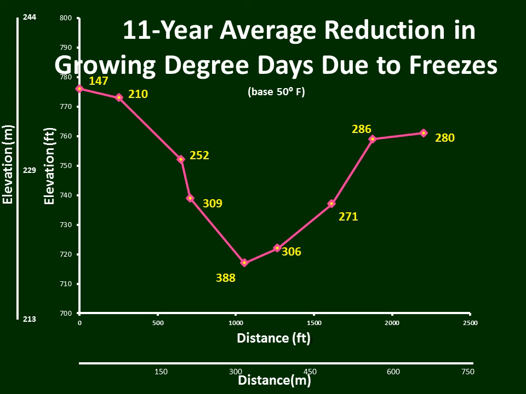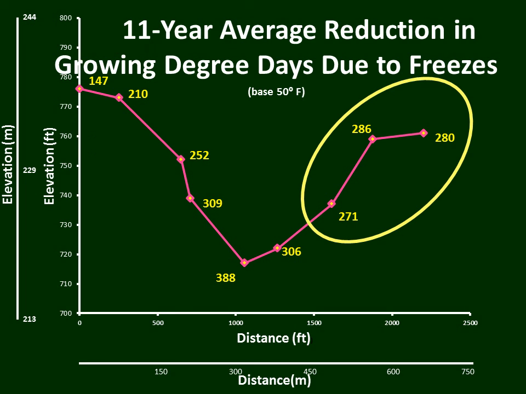And here's what it looks like. On the north side of the valley, facing south if you will, we lost as little as 147 growing degree days due to those freeze issues, and as much as 252 high on the south facing terraces.